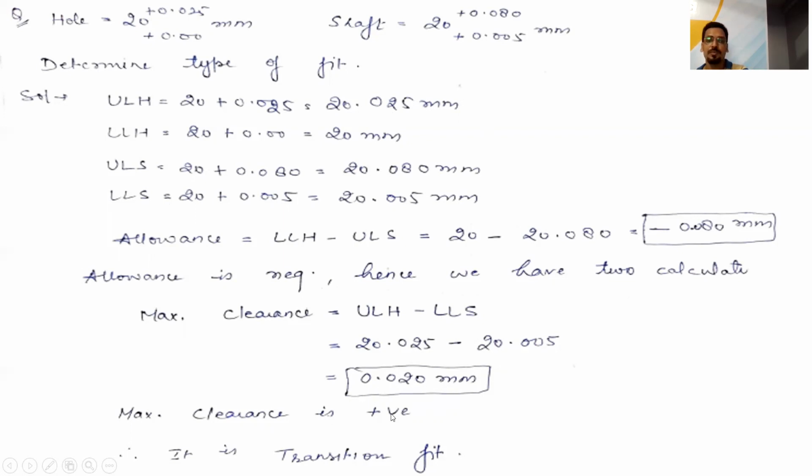The maximum clearance is positive. So the minimum clearance, that is the allowance, is negative and the maximum clearance is positive. Hence, this case falls under the category of transition fit, in which either interference or clearance may be there.